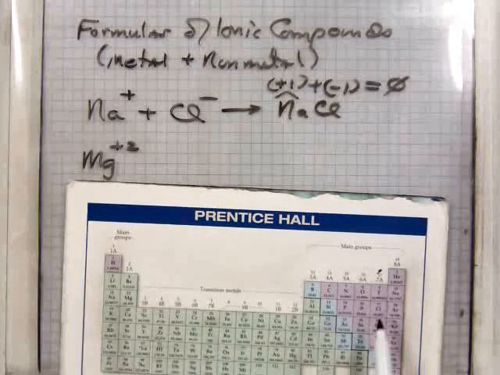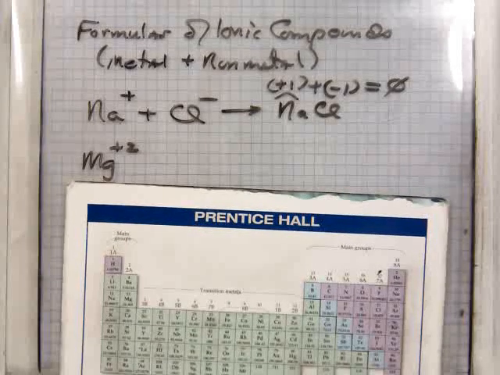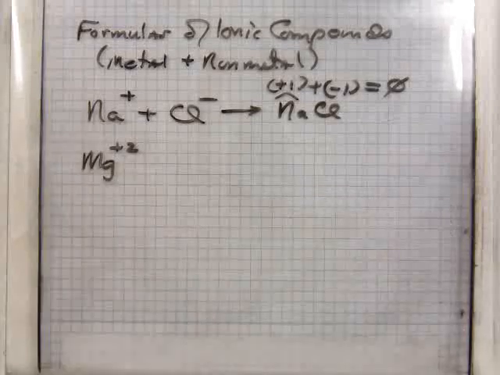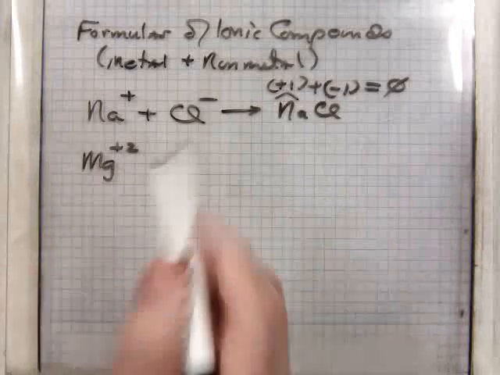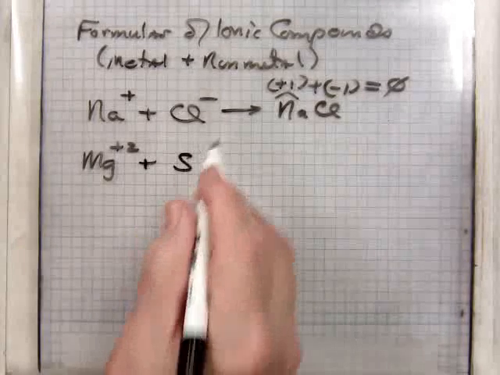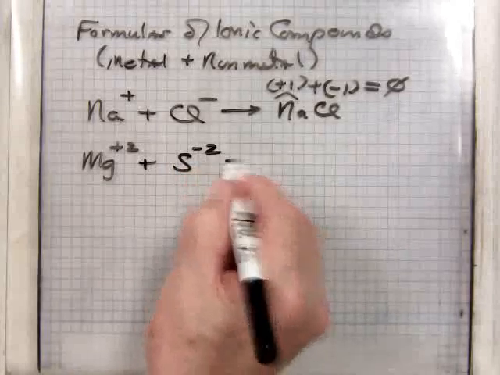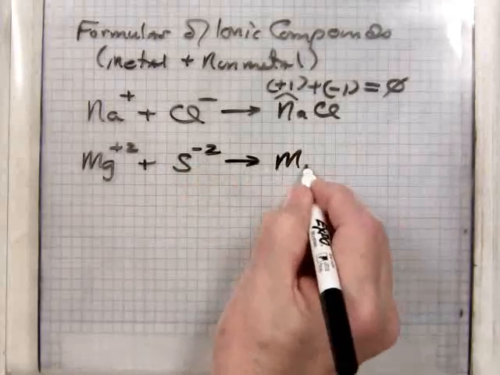And sulfur in the same row is over here in the purple, right here. And it has 6 outer shell electrons, so what would its oxidation state be? -2. So we want to combine that with sulfur -2, and we hook those together.